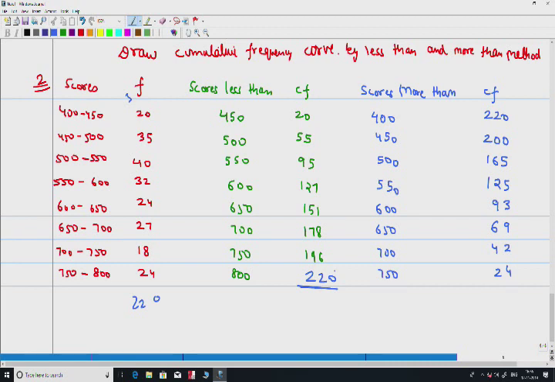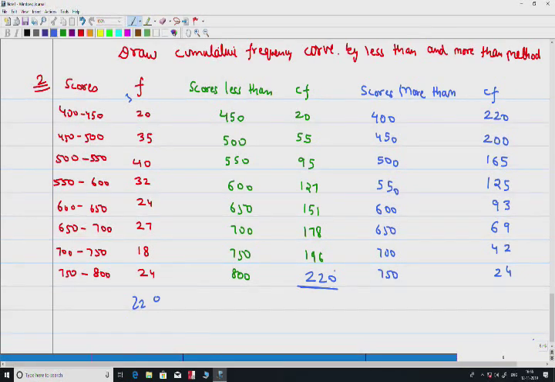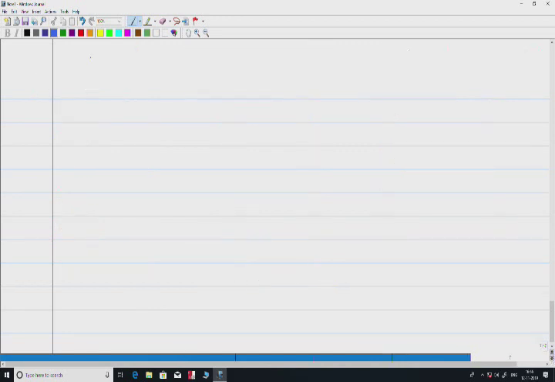Now only thing is we have to plot it on the graph. So while drawing the graph, we can draw it like this.